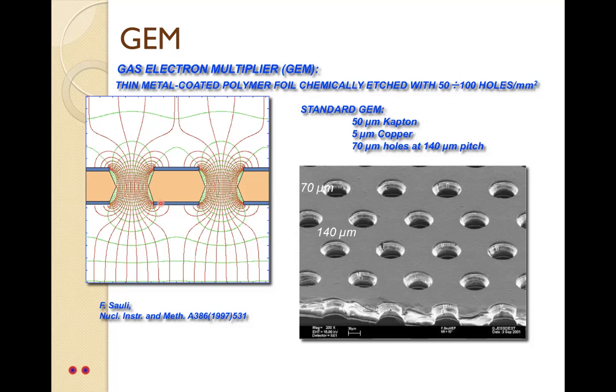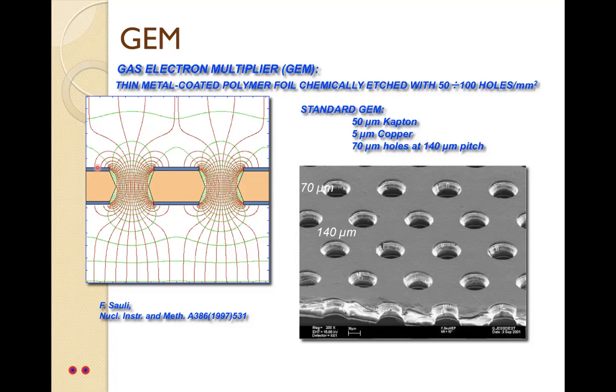So nowadays there are GEM foils having biconical holes. There are GEM foils where there is a conical hole, where it is 70 micron and this is 50 micron. So there are many kinds of GEM foils. I am not going into the detailed classification of GEM foils. But in a standard GEM foil, let's say this is 70 micron, this is 50 micron, and this is again 70 micron, and this thickness is 60 micron. So this Kapton insulator part is 50 micron.